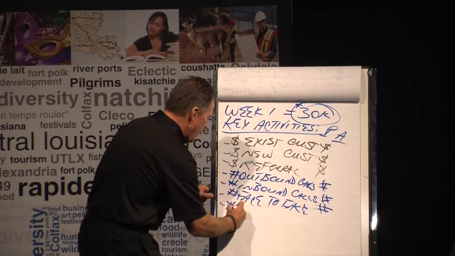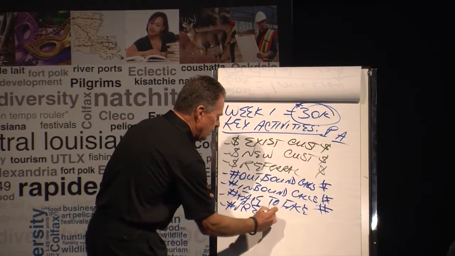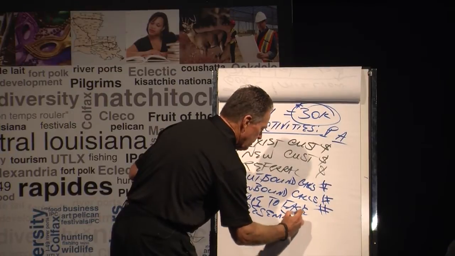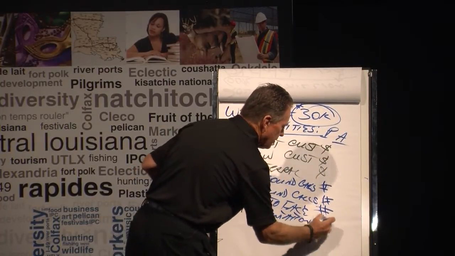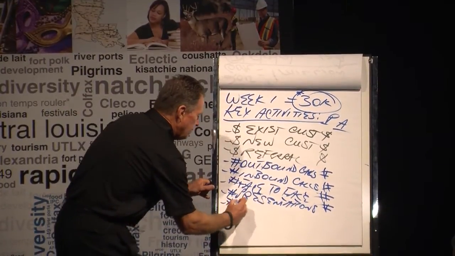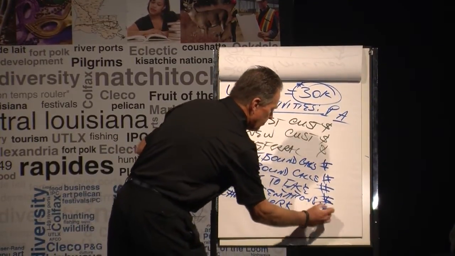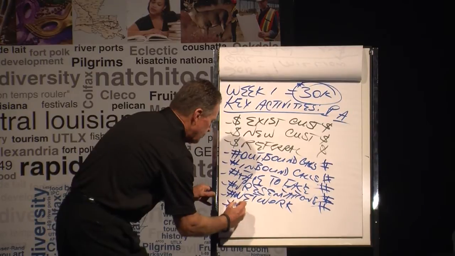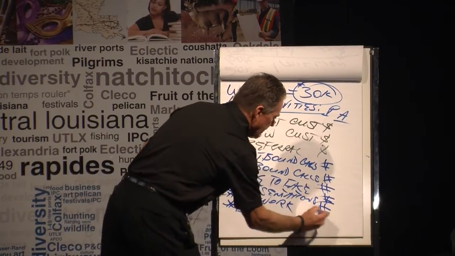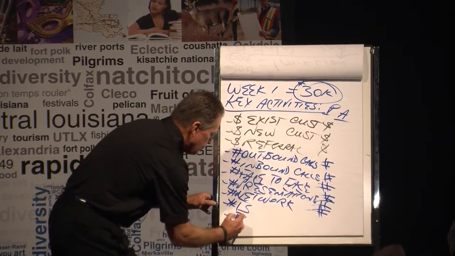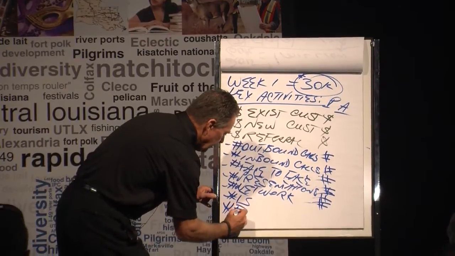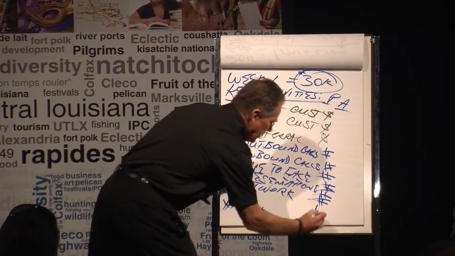The number of presentations he's going to make that week. The number of networking events that he's going to be involved in that week. The number of trade shows he's going to do that week. The number of personal marketing initiatives he's going to undertake that week.